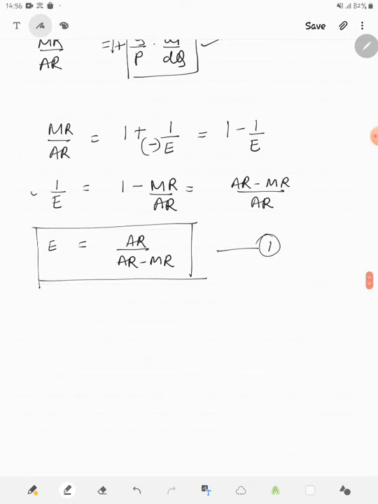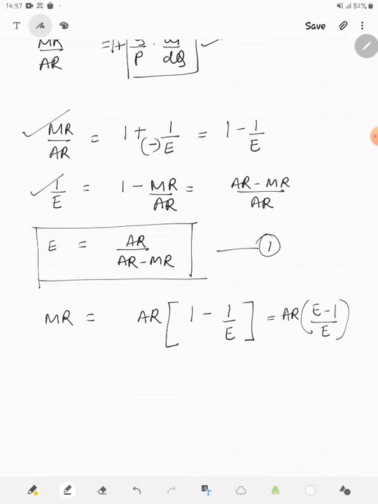From this very equation, we can also find what MR is. MR is nothing but AR into 1 minus 1 by E, which is AR into E minus 1 by E. So this is the second equation.